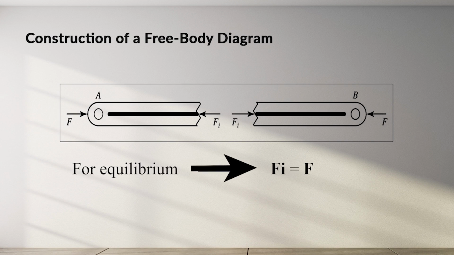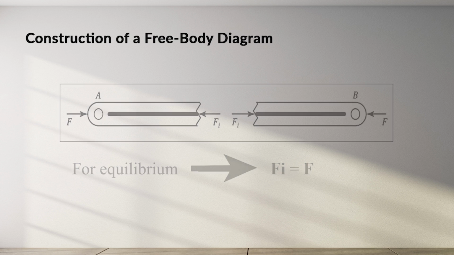For equilibrium of both pieces, these forces must be in the directions shown, and Fi must equal F. AB carries constant load F everywhere along its length and is in compression at all points.